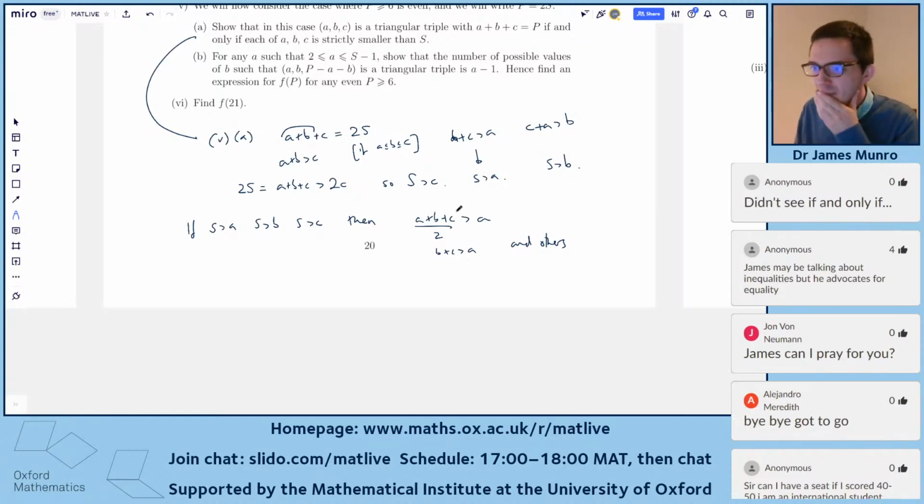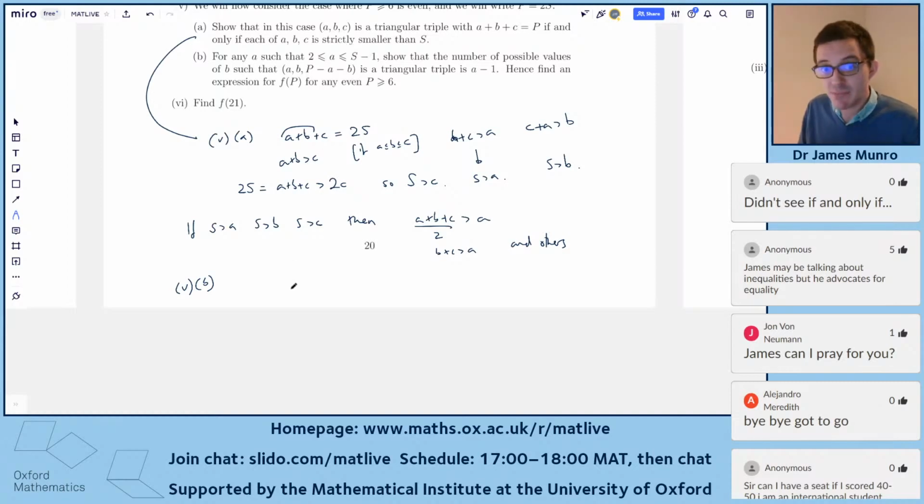Okay, last bits. We've got a 5b. We're asked to show the number of possible values of b that make this work is some particular number, a minus 1. So here's my plan. We just worked out an inequality. So we know that a is between 2 and s minus 1.